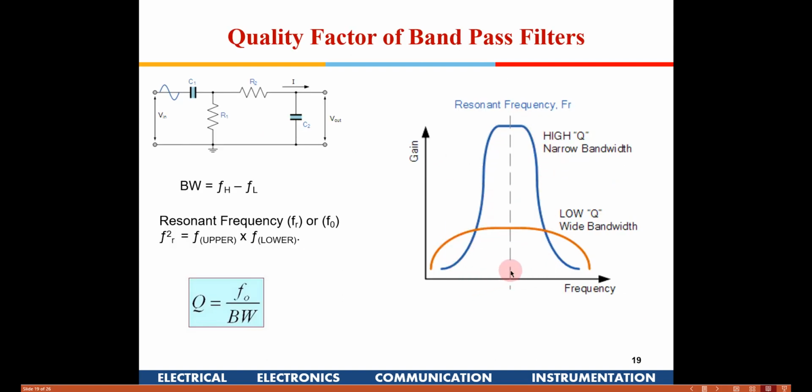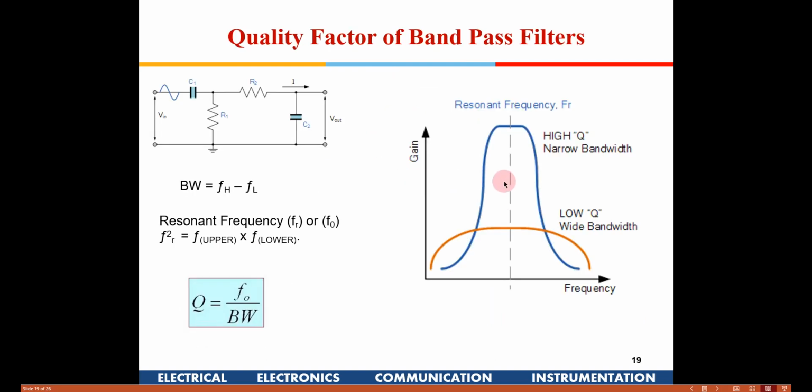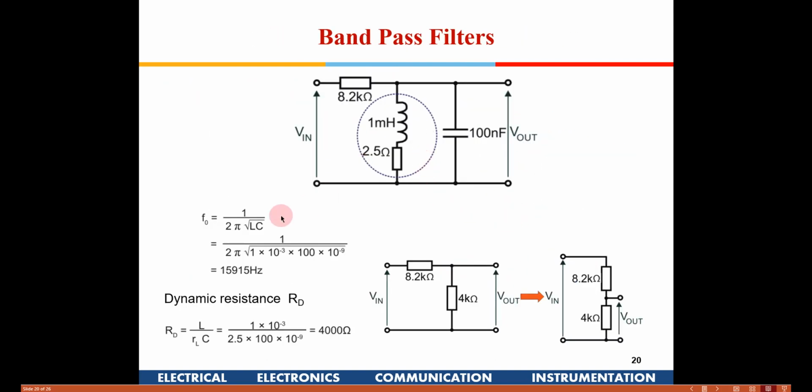Low frequencies are going to get attenuated and high frequencies are also going to get attenuated, high frequencies because this capacitor is going to short the output, and low frequencies because this inductor is going to short the output. And this is going to be the center frequency, given by f0 is equal to 1 by 2 pi root LC.